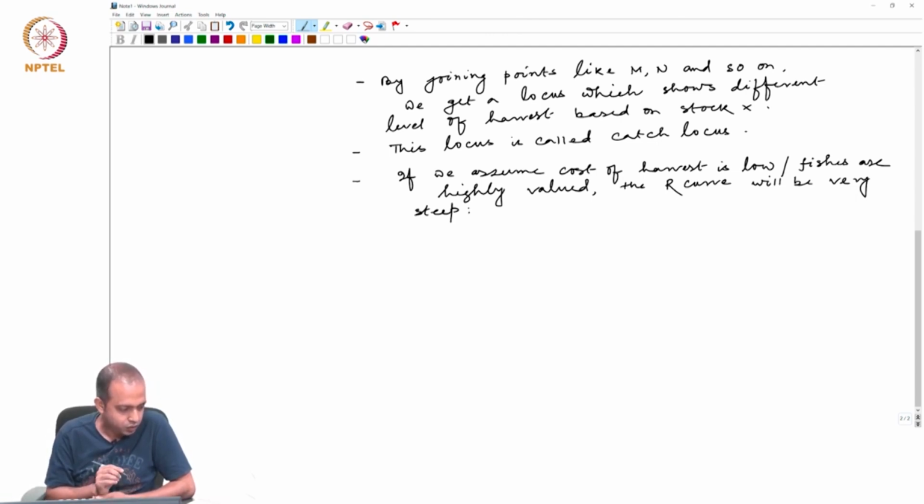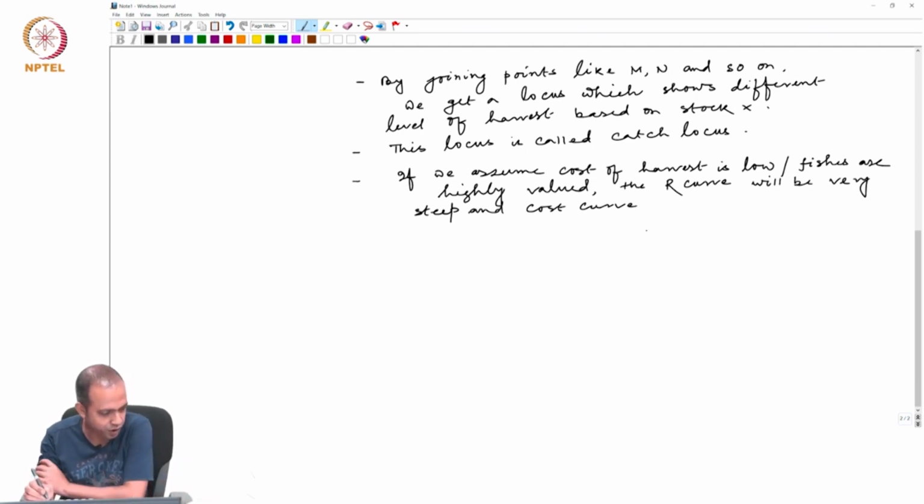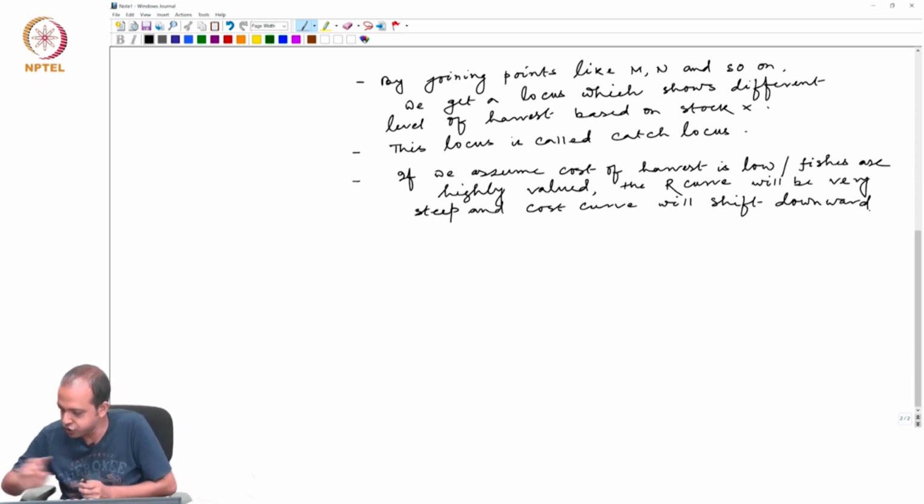And since the cost of harvest is also low, the cost curve will shift downward. If the cost curve shifts downward, we can go back to the diagram.